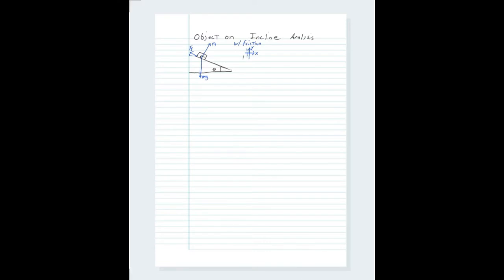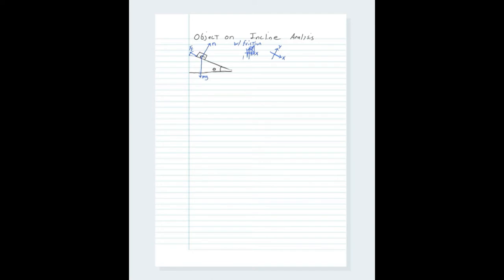Instead, I want to rotate the coordinate system so that it matches the incline. So now the x direction is along the inclined plane, and the y direction is up off the surface of the incline. This way, the block only moves in the x direction as I've defined it. That's going to make the problem a little bit easier.